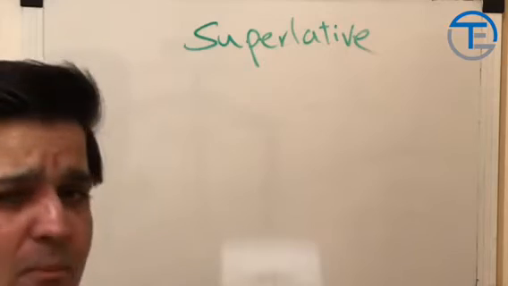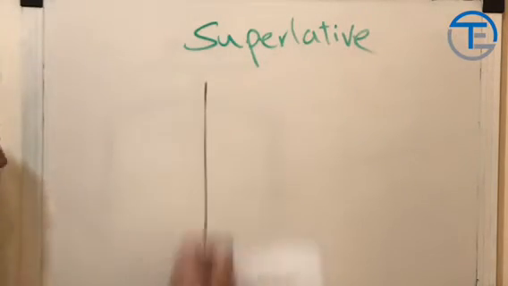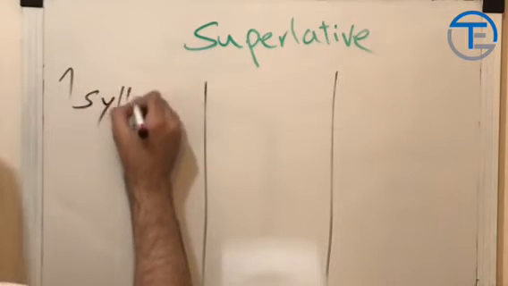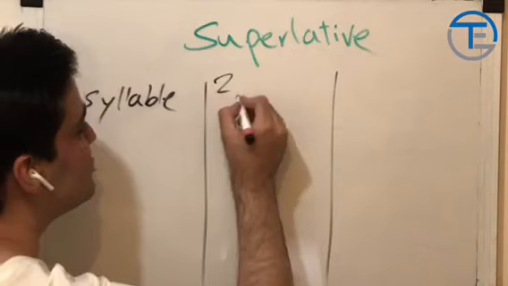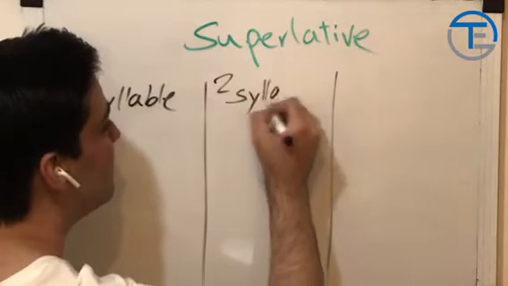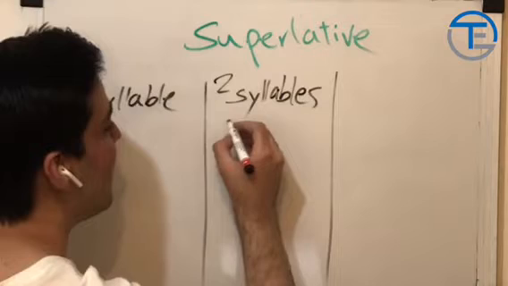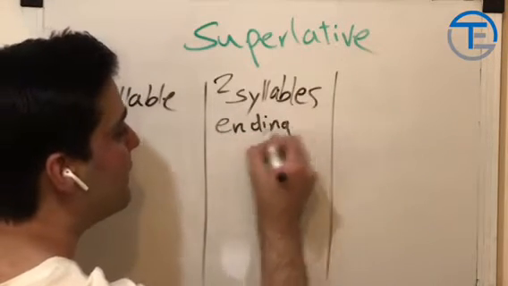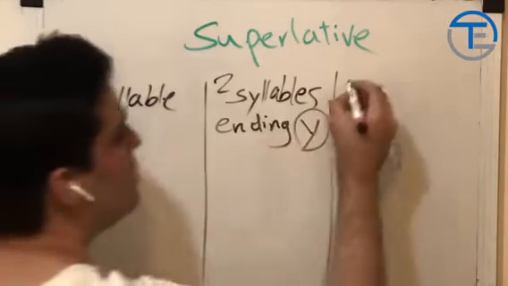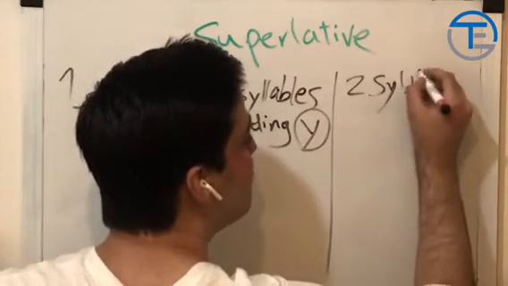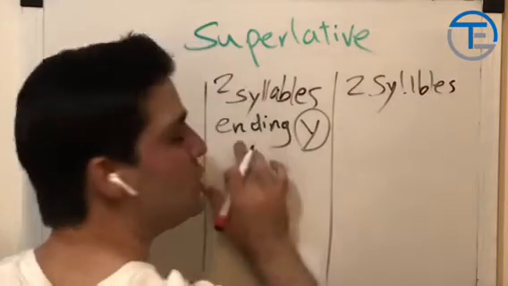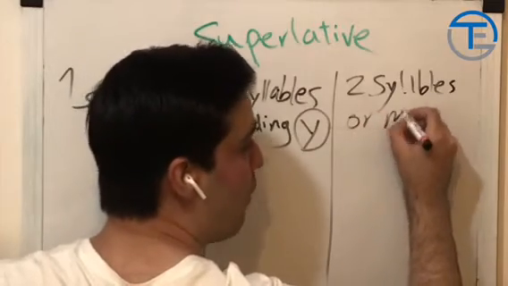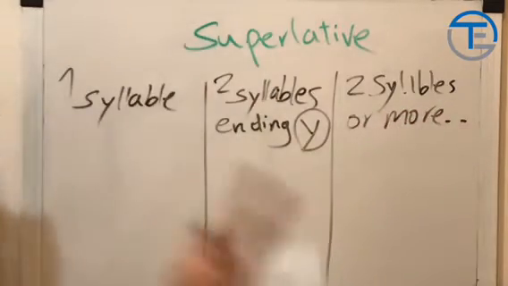Just like comparative adjectives, we have rules. If your adjective has one syllable, if your adjective has 2 syllables and ends in y, 2 syllables not ending in y, or 3, 4, 5 syllables or more.